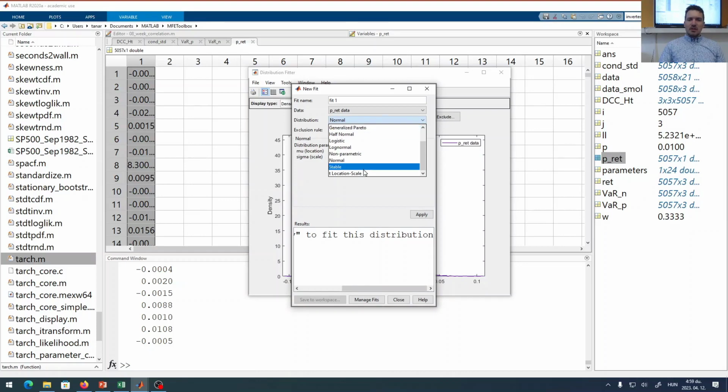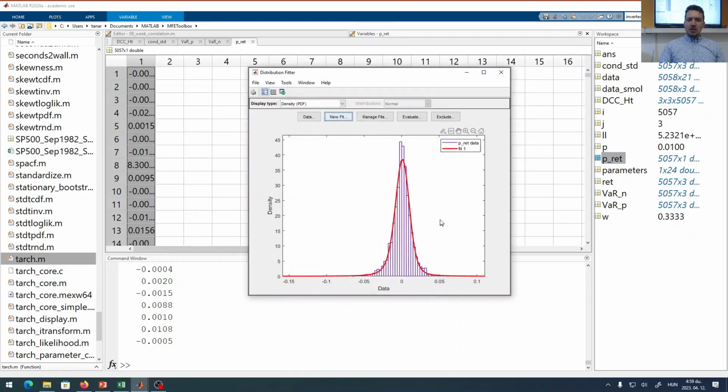So let's fit some. Okay, we have only stable distribution, so apply. And we can say that it describes it in a nice way. So it is fitting much better or more reliably than the normal distribution.